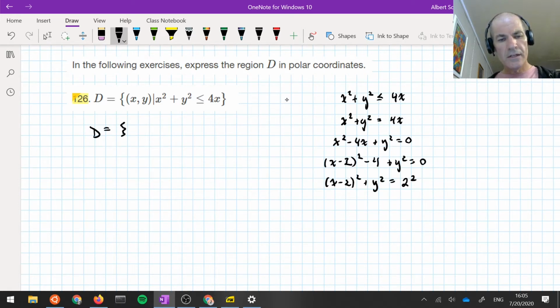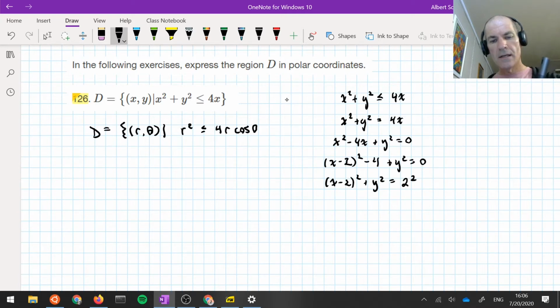In polar coordinates, we write the set of polar coordinates r and theta. How do we transform this condition into polar coordinates? Simply substitute x equals r cosine theta and y equals r sine theta into the expression. In this case, we recognize that x squared plus y squared is actually r squared, and the right-hand side is 4r cosine theta.